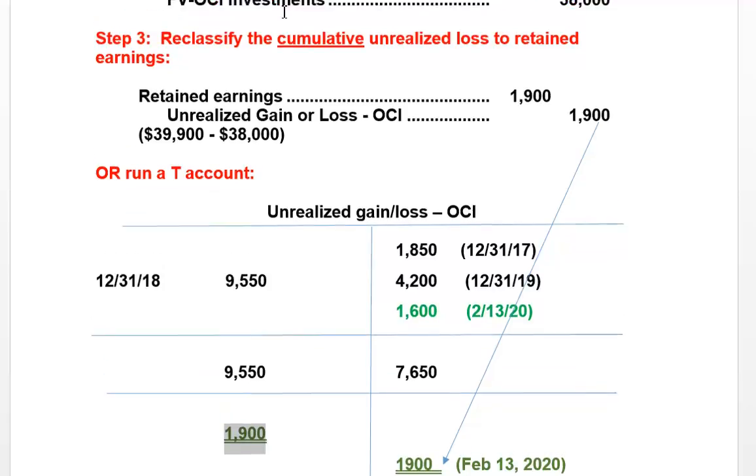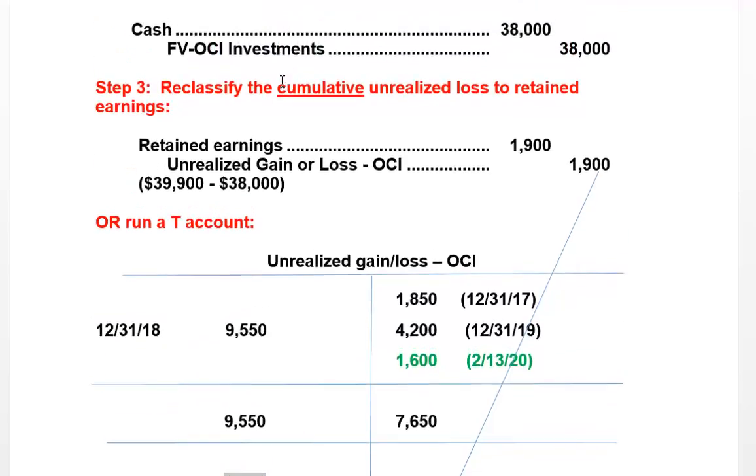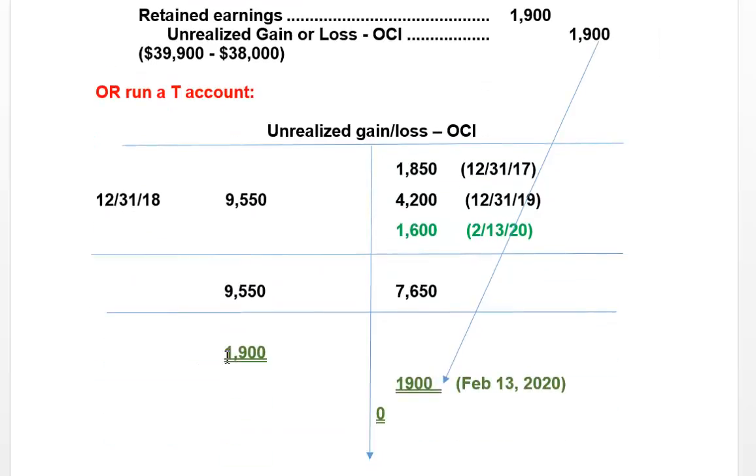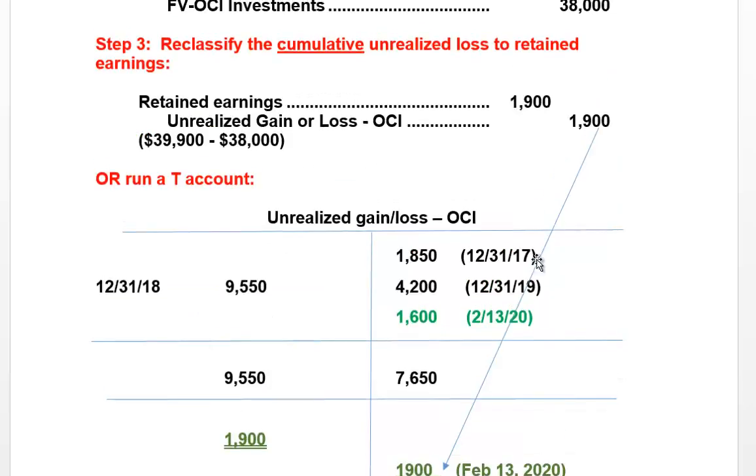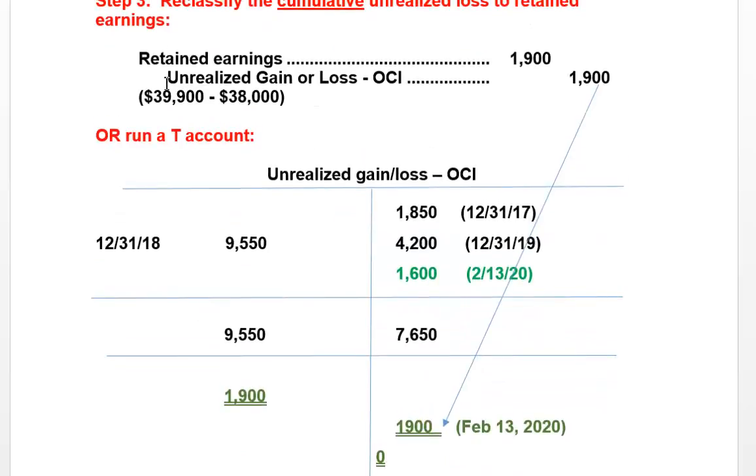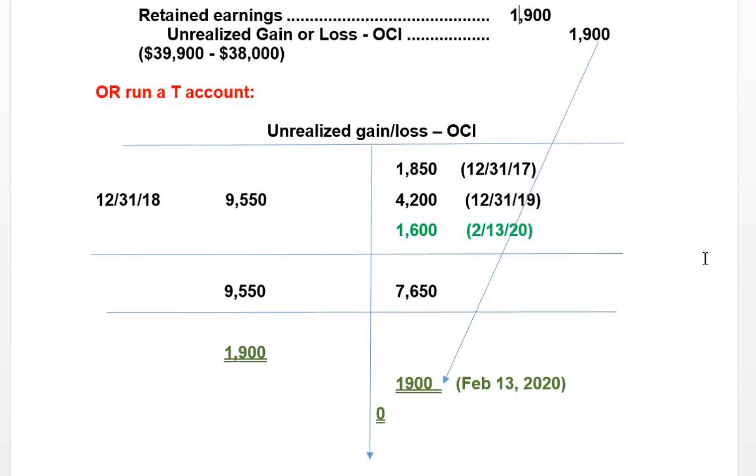So that's why I said here we're going to reclassify the cumulative unrealized loss. This guy is this unrealized loss. But don't forget, I have to reclassify it to retained earnings. So if I credit that, then it's going to leave me at zero. So I'm going to credit that unrealized gain or loss, and then I'm going to debit my retained earnings to reclassify it to retained earnings.